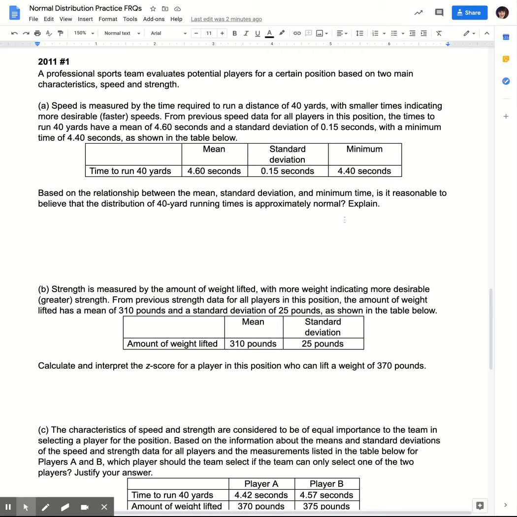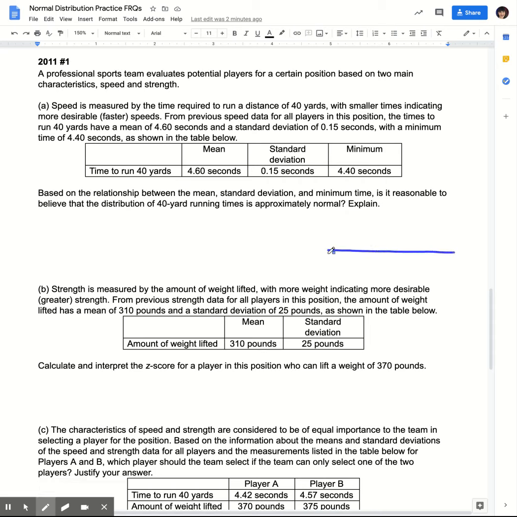The question asks, based on the relationship between mean, standard deviation, and minimum, is it reasonable to assume that this distribution is approximately normal, and to explain why? We kind of have to do a little bit of mapping to explain this.